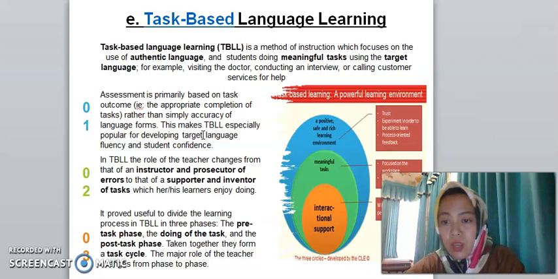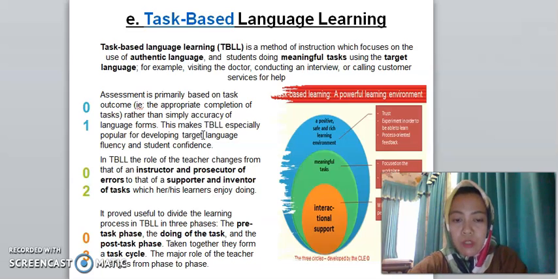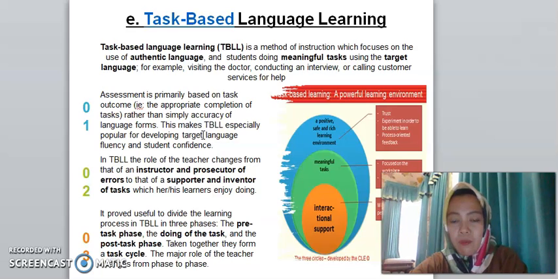Well, the students here, they need to do the experiments while they are doing the task. Okay, they work together in a group, or they also can work individually. But then at the end, they have to use the language in the appropriate context.